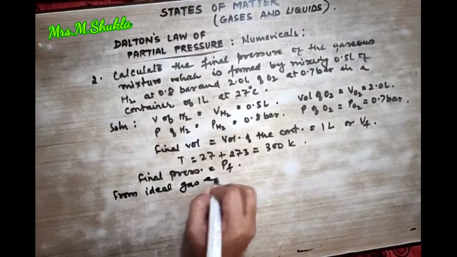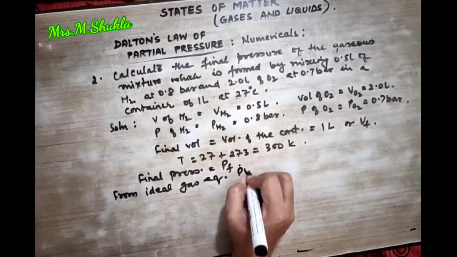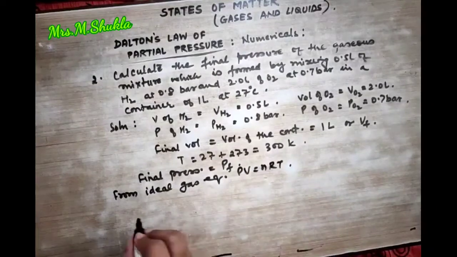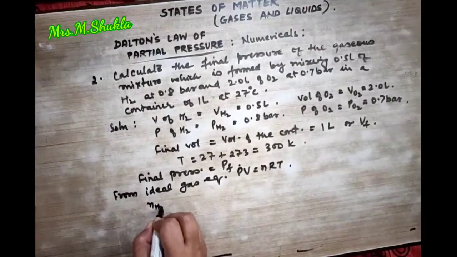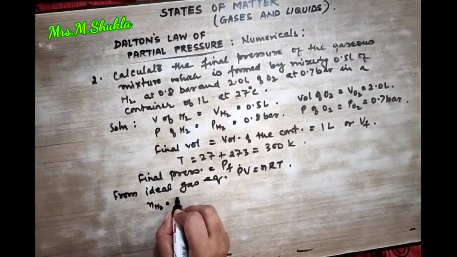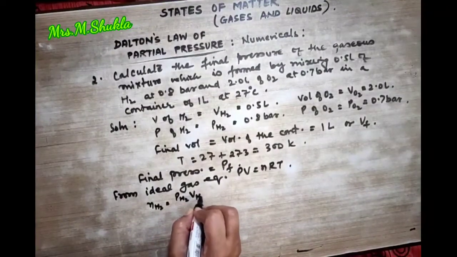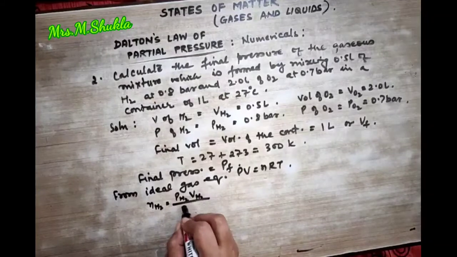So from the ideal gas equation, PV is equal to nRT. nH2 is given as pH2 into VH2 upon RT.